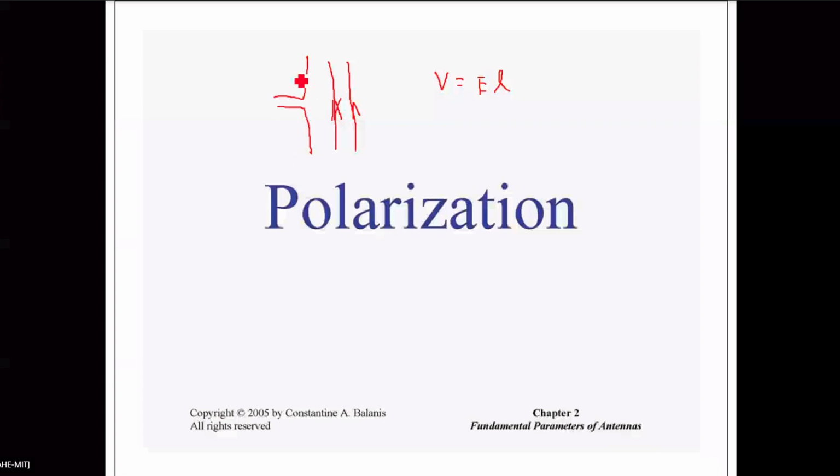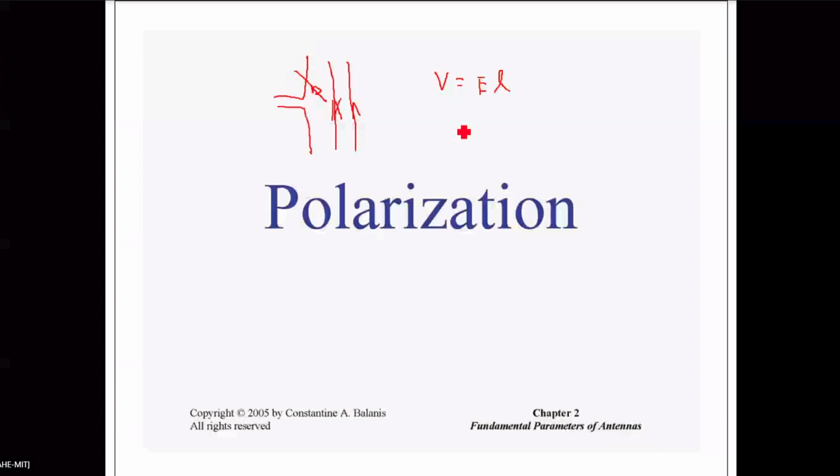Now if the electric field falls at an angle, slanted like this, do you think the same V will be induced in the antenna terminals? If E makes an angle with the z-axis, the polarization of the antenna is along the z-axis because the antenna is oriented along the z-axis.